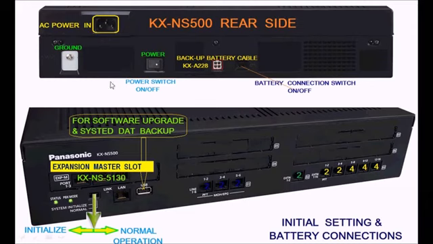This is the rear side of the KX-NS500. This is a plug for AC power in, this is the ground connection, this is power on and off, and this is for the battery, which may or may not be available depending on the version of the PBX.